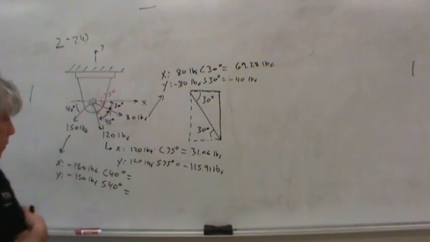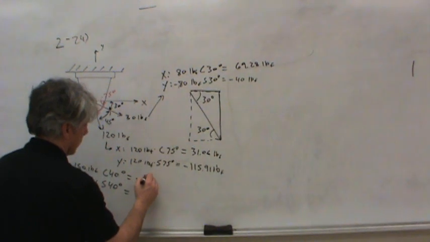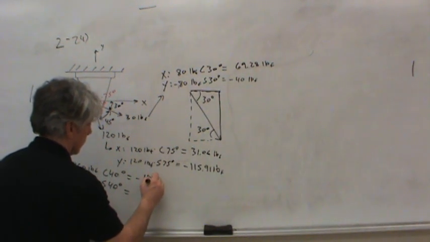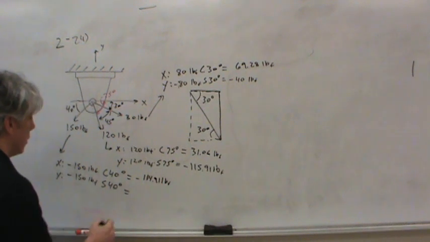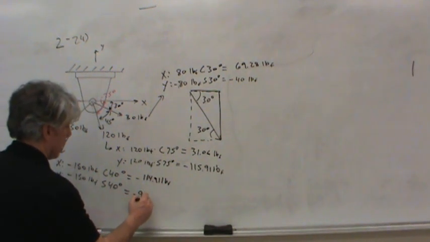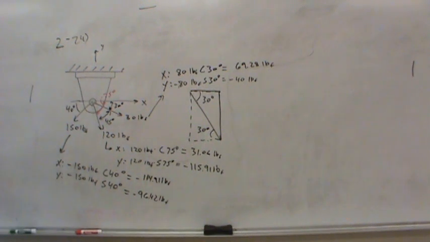For negative 150 times cosine of 40, it's negative 114.91. And sine is negative 96.42. Perfect, thank you. So now we have the horizontal and vertical components of all of these forces.